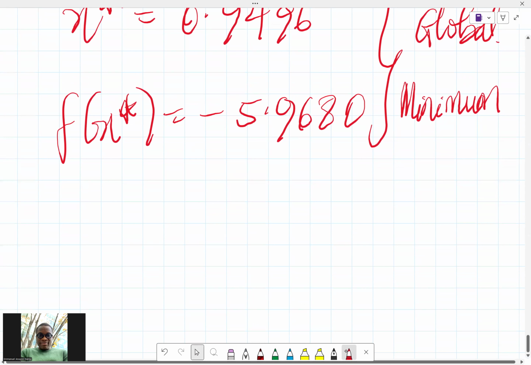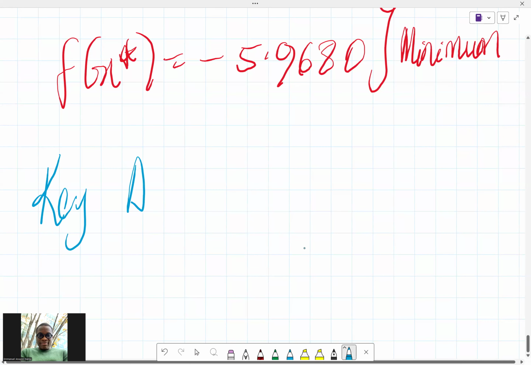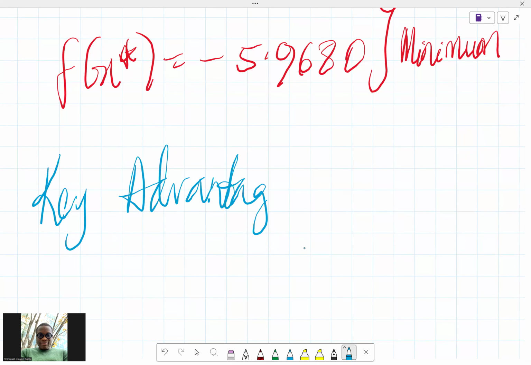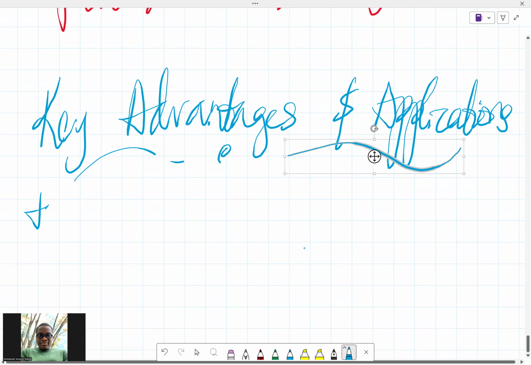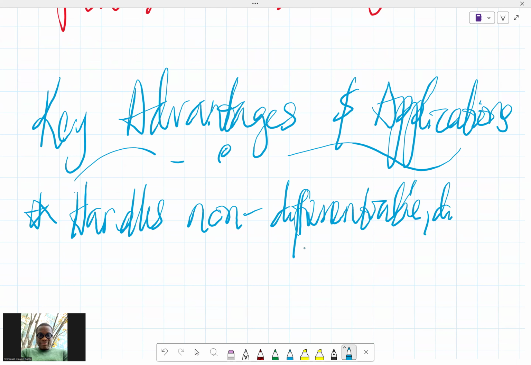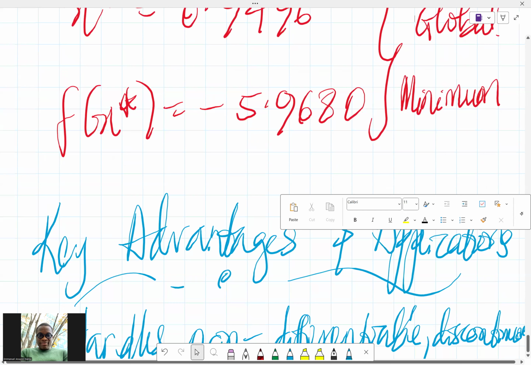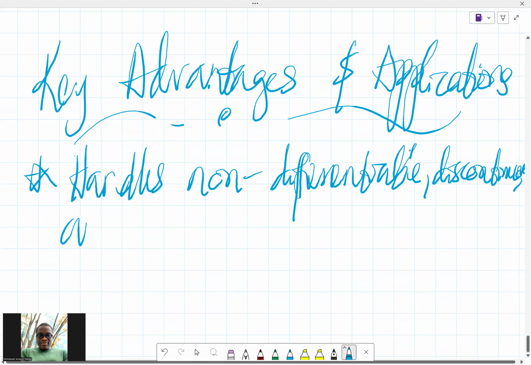So let's look at some key advantages and applications of the simulated annealing method. So the first thing is that it handles non-differentiable, discontinuous, and multimodal functions.